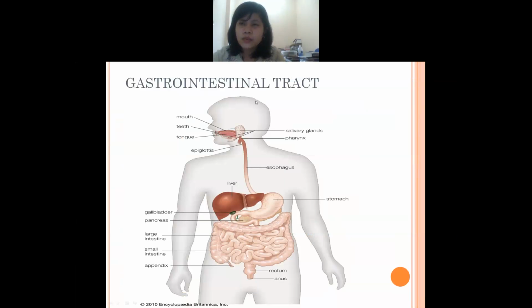So this saliva, what do they do? What is their role? They break down food. They moisturize the food. Yes, they moisturize the food. They will make the food moist so that it will be easy for the food to swallow. Yes? Okay.